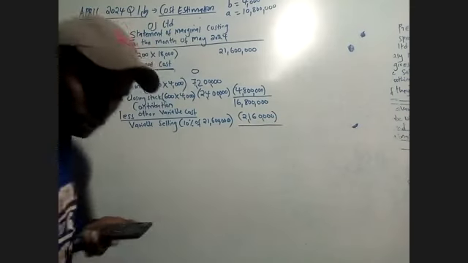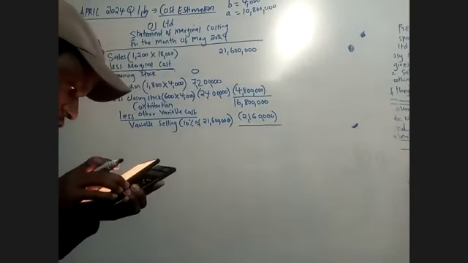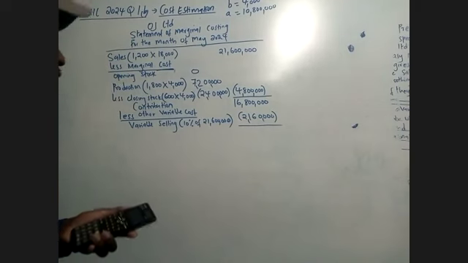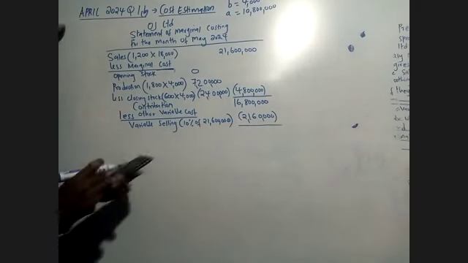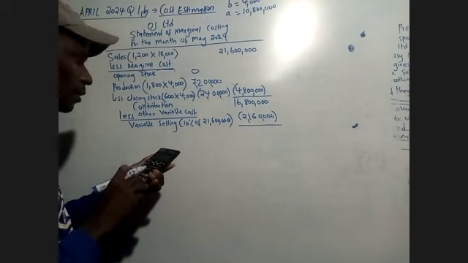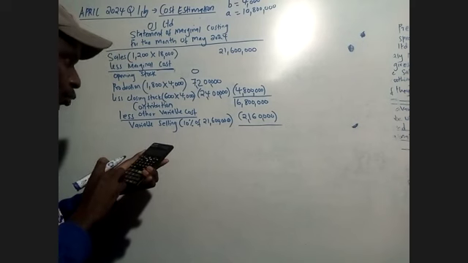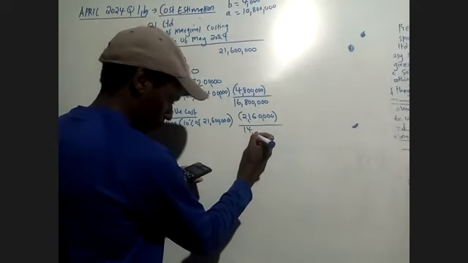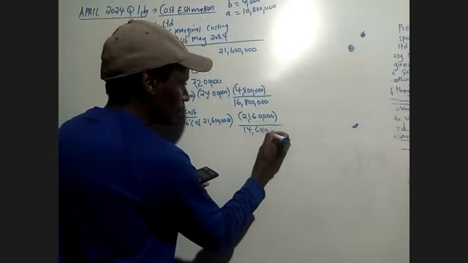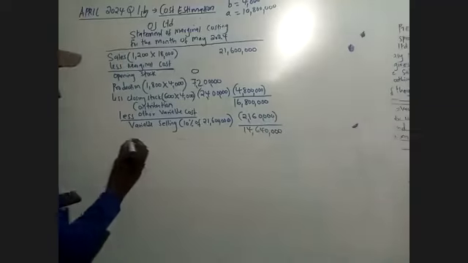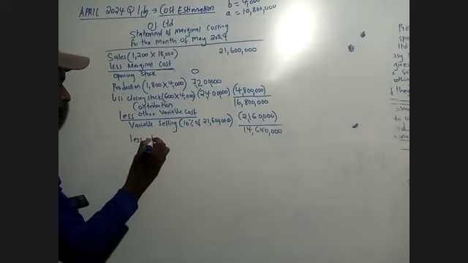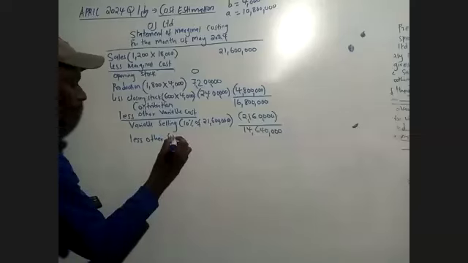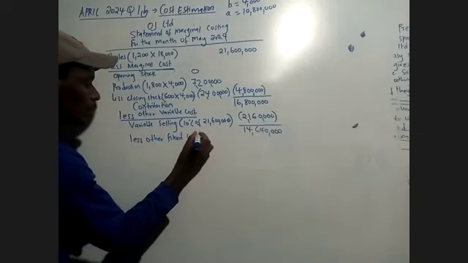Do you have any other one? Let us see. It is only variable selling for now. So itakuwa ngapi? So 16,800 minus 2,160. So that is 14,640,000. Now we less other cost, other fixed cost.